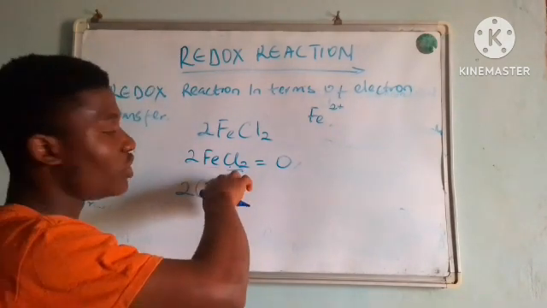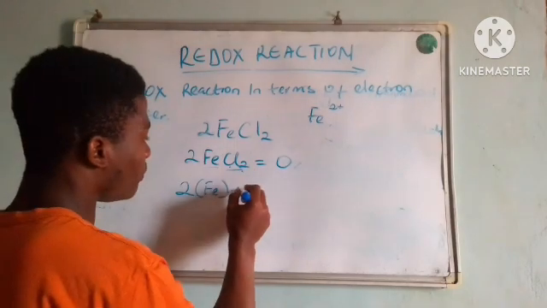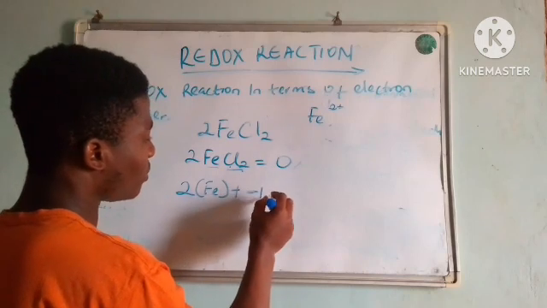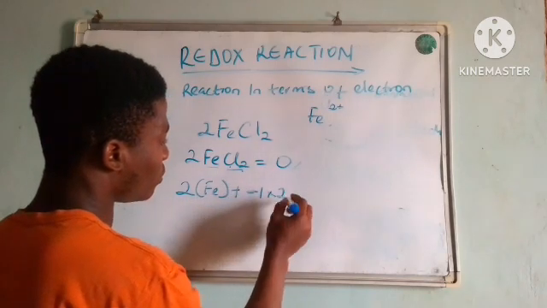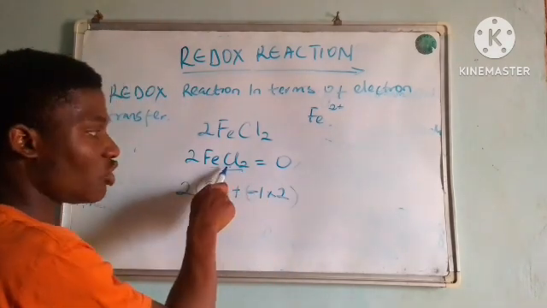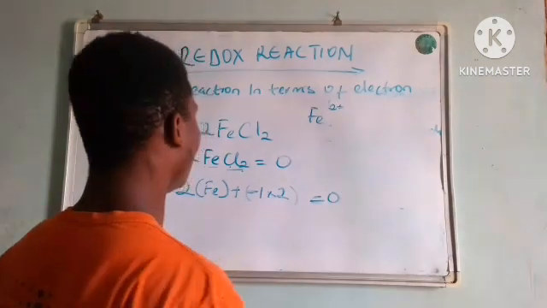We will now get the oxidation number of chlorine. The oxidation number of chlorine is -1. So plus -1 times 2. These two will multiply the oxidation number of chlorine. Then equate it to 0 also.